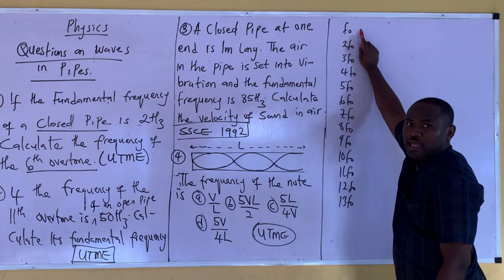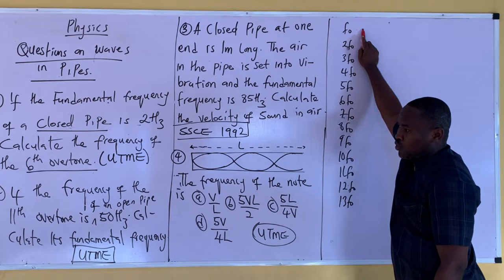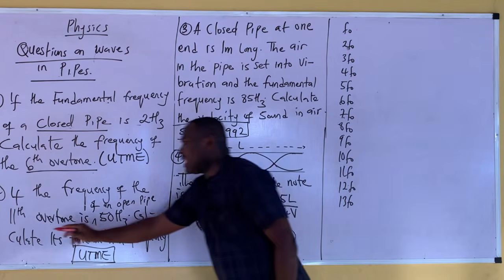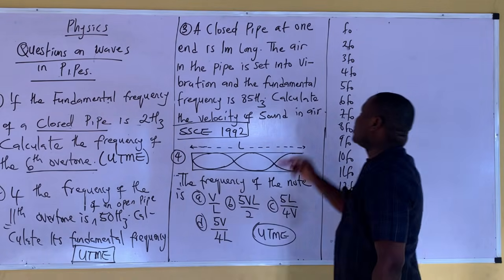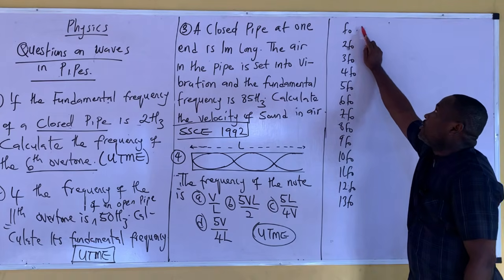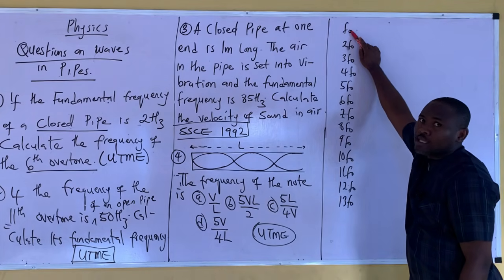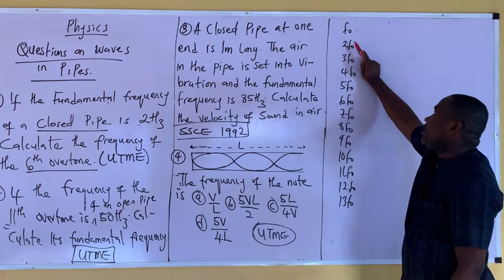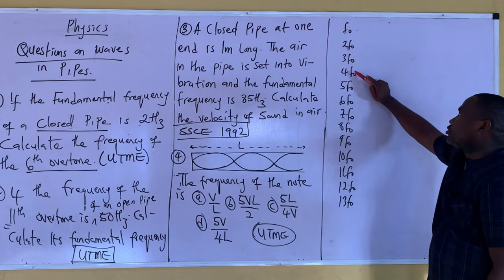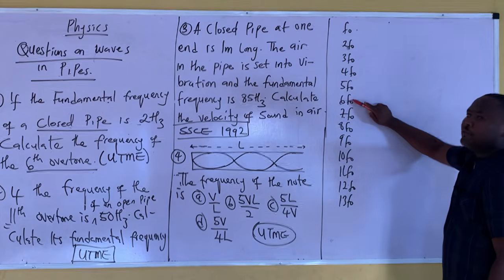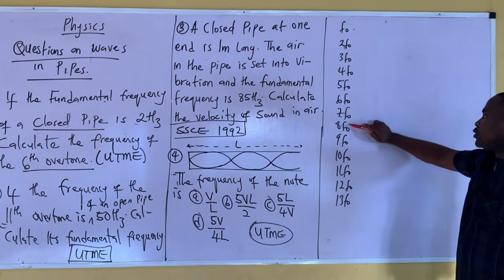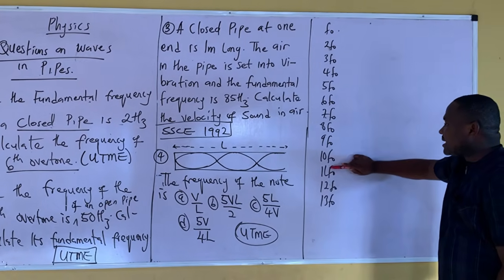This is the first harmonic, 0 overtone. Remember, we are looking at the 11th overtone. So it is 0 overtone, first harmonic, then first overtone, second overtone, third, fourth, fifth, sixth, seventh, 8, 9, 10, 11.